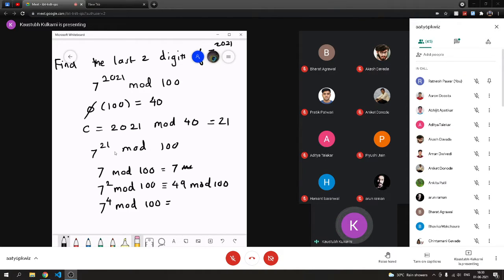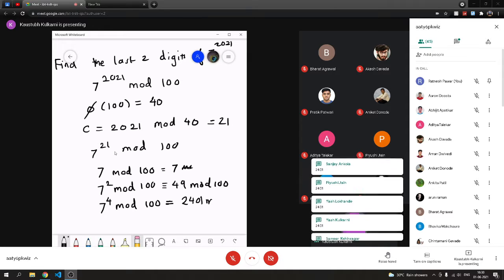Now you will have to actually calculate up to this point: 49 squared. What is 49 squared? 2401 is correct.